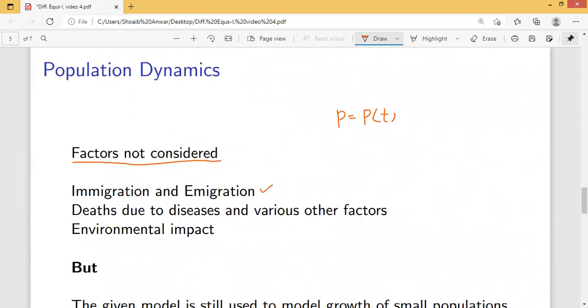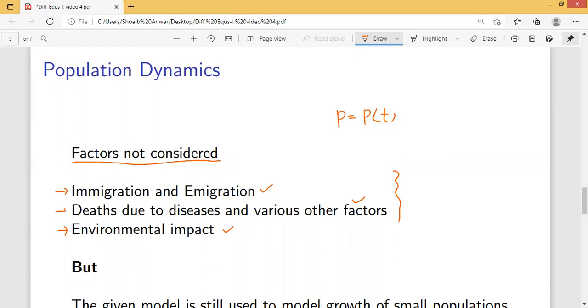Moreover, the death rate and the environmental impacts on the population dynamics are not considered either.